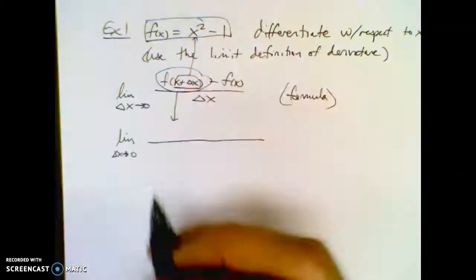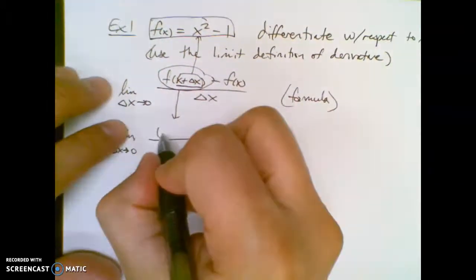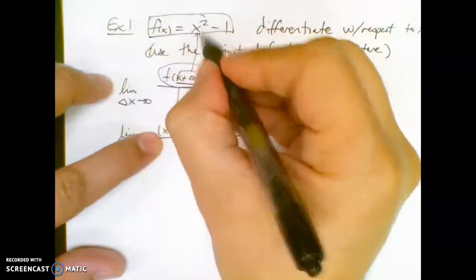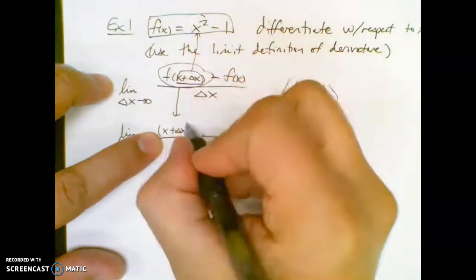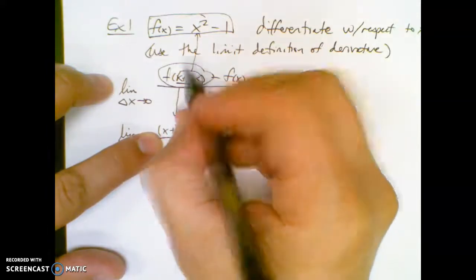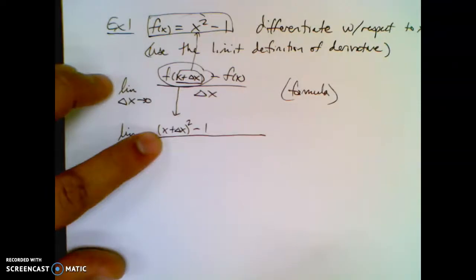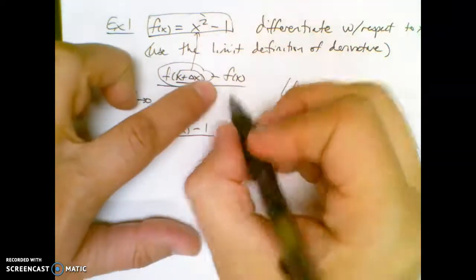Now I still have the minus 1, so don't get crazy here. I'm going to do this, x plus delta x squared, just like it was a 5 there, right? Or a 2. And then I still have minus 1. Now I'm going to go minus.